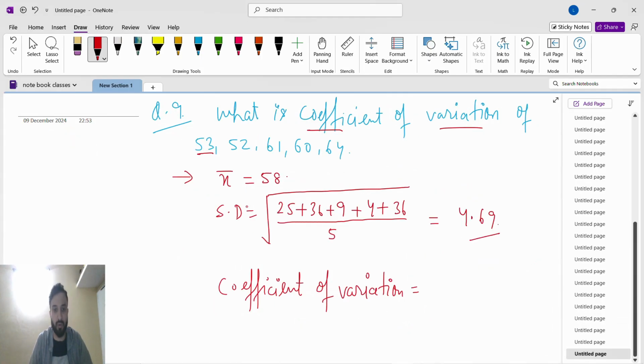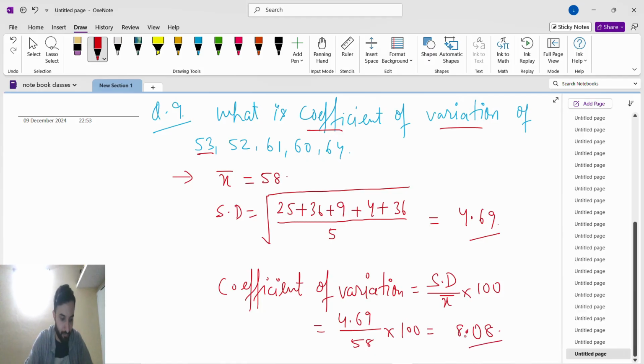The formula is standard deviation divided by mean into 100. So 4.69 divided by 58 into 100, you are getting 8.08. 8.08 is the answer.